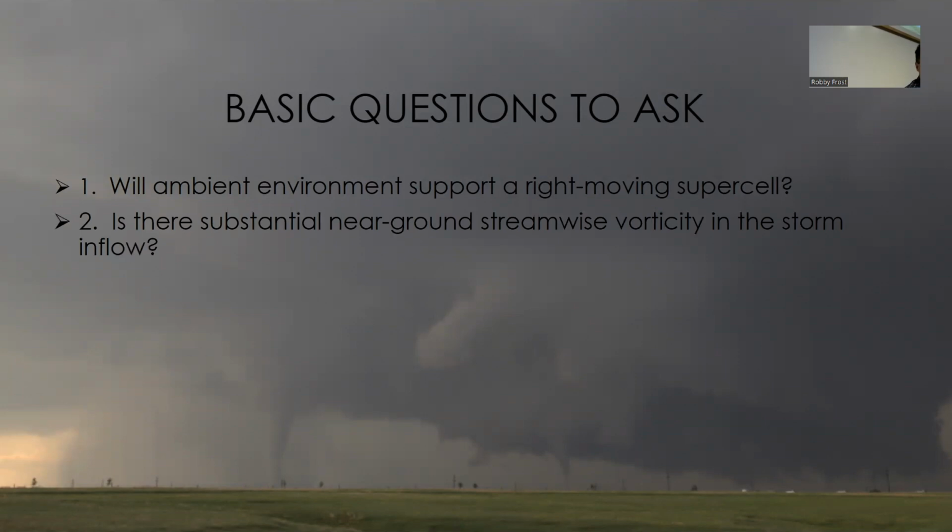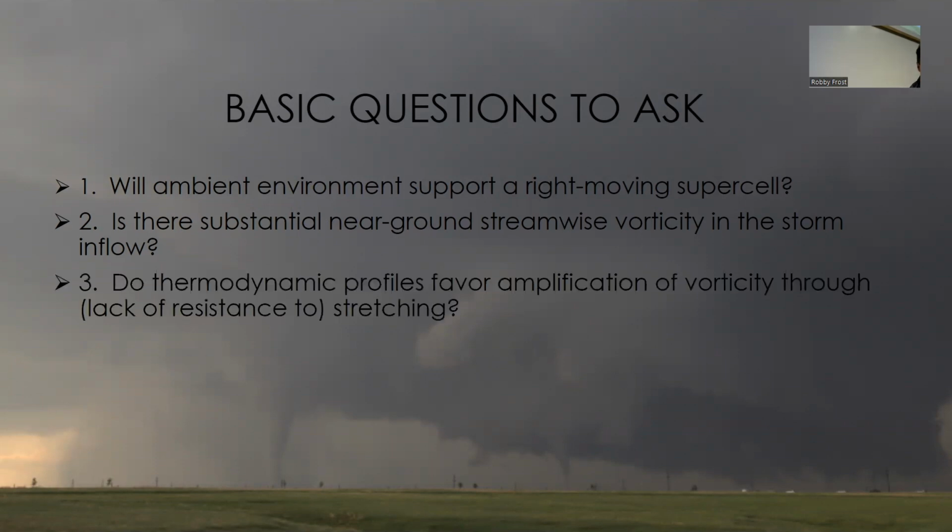Okay, so if there's substantial near-ground streamwise vorticity in the inflow, so not just a supercell, but is it rotating very strongly close to the ground? So that vacuum effect is as strong as possible. And do thermodynamic profiles help or hurt?